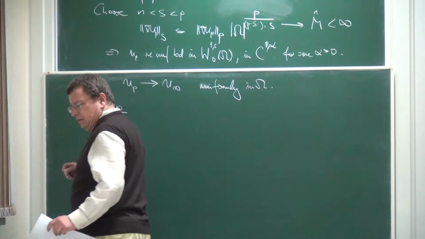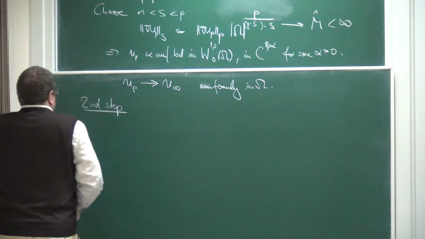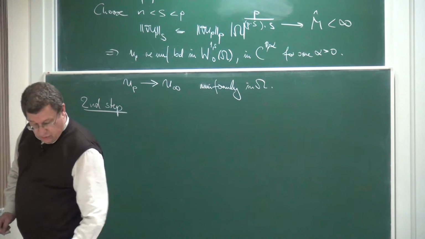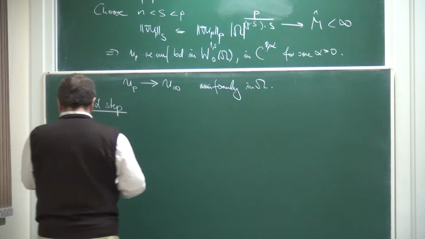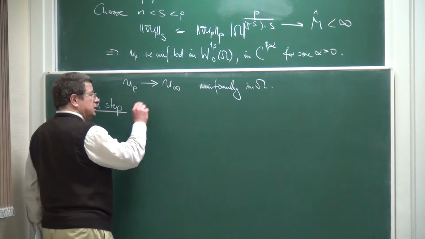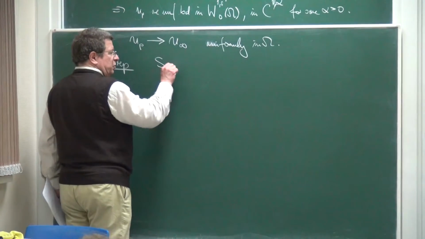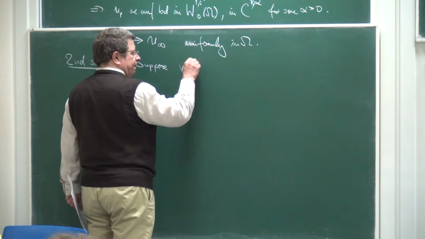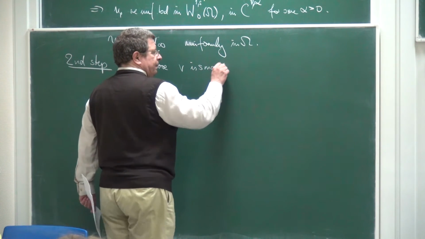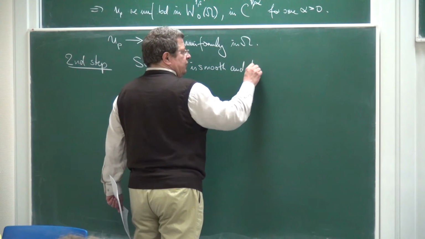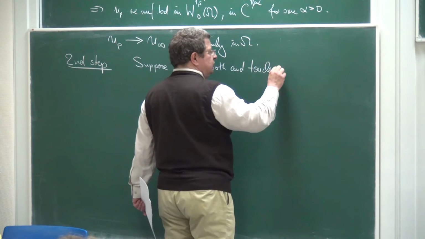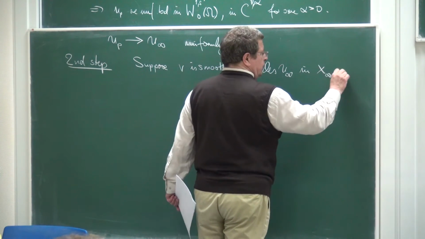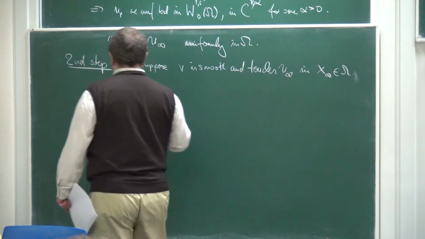Now we want to show that u_infinity is a viscosity solution for something. And so we show first that it is a viscosity subsolution. To do that, we suppose that we have a smooth test function v, and that this test function touches our continuous function u_infinity in some point x_infinity in omega from above.